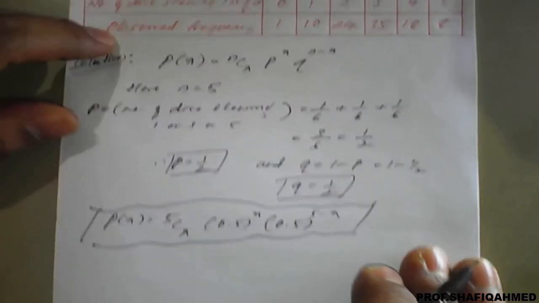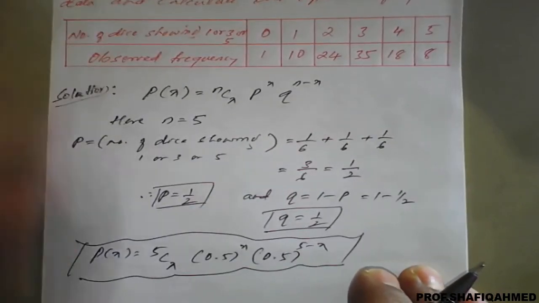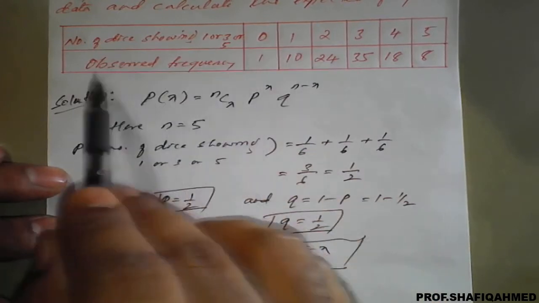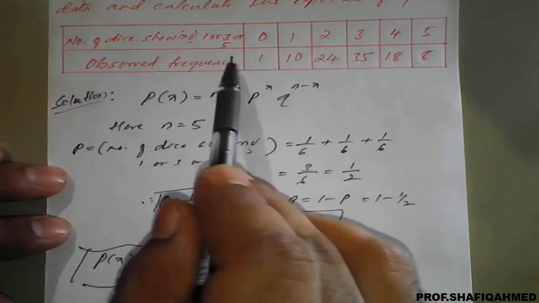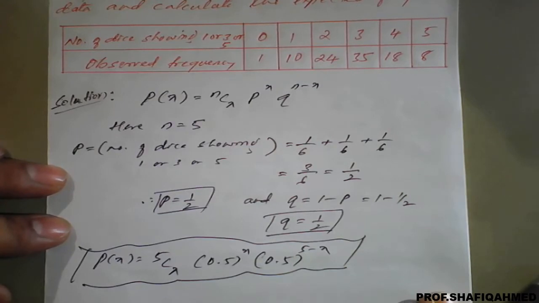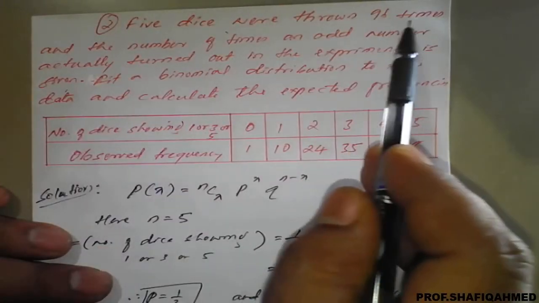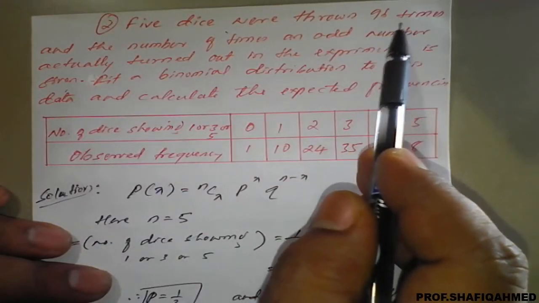These are the observed frequencies they have given in the table, obtained by experiment. So we need to work out the theoretical frequency using the binomial distribution. Since 5 dice were thrown how many times? 96 times.